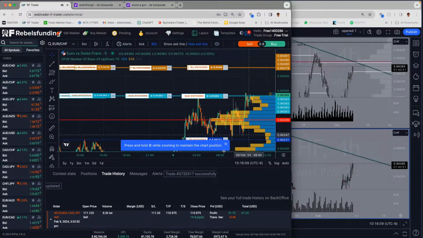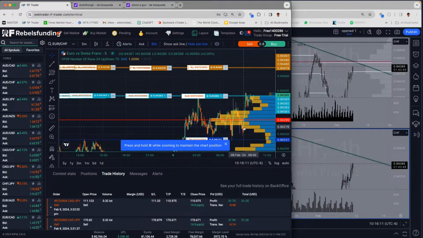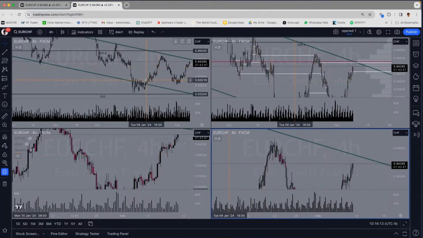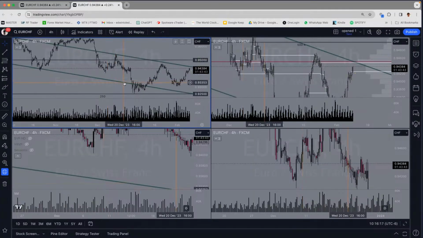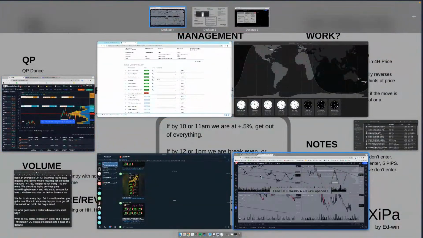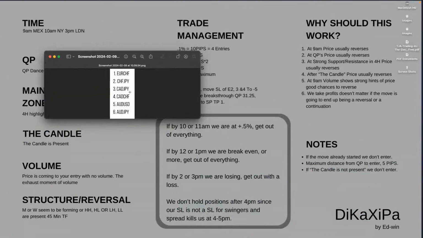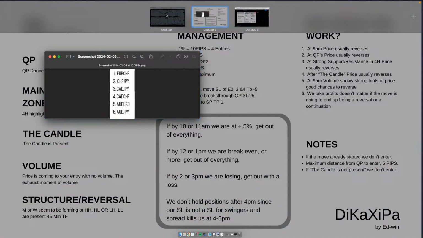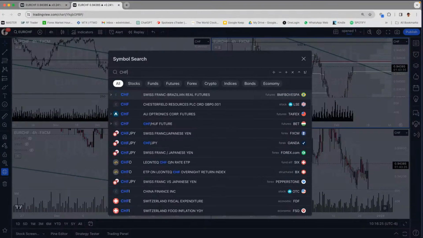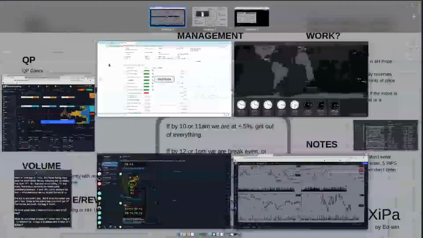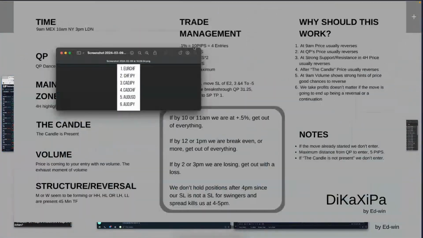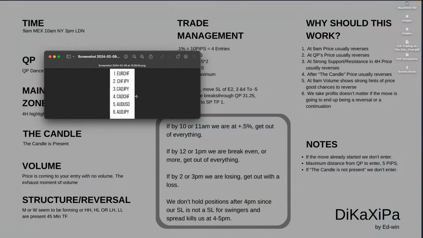All right. Okay. So we have here CHF, and then we have CAD Gen, and we have CAD CHF.